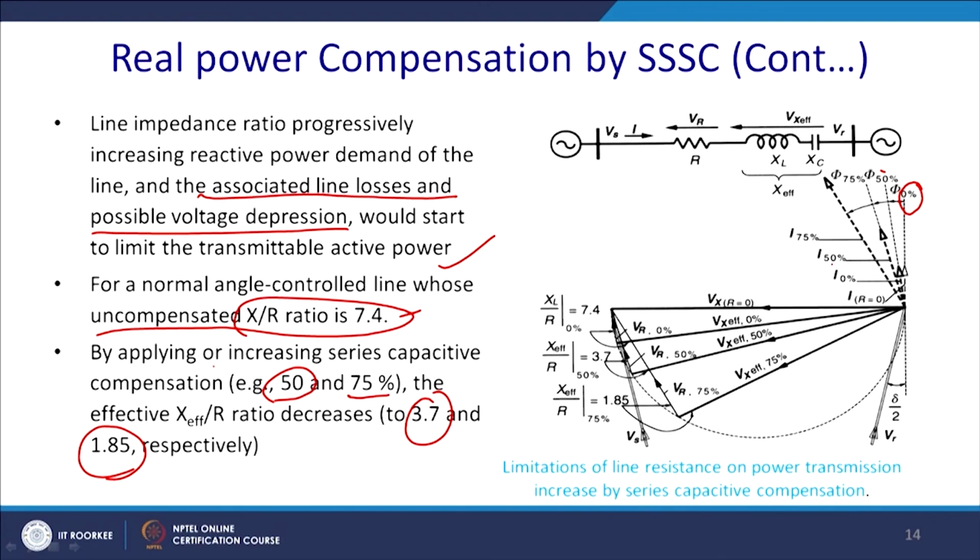This is R equal to 0, and this ratio is actually 7.4, this X by R ratio is 3.7, this is 1.5, and in this way it changes. Then, with the line resistance, the power transmitted is increased by the series capacitor compensation, and our assumption no longer holds good that the line is predominantly inductive.